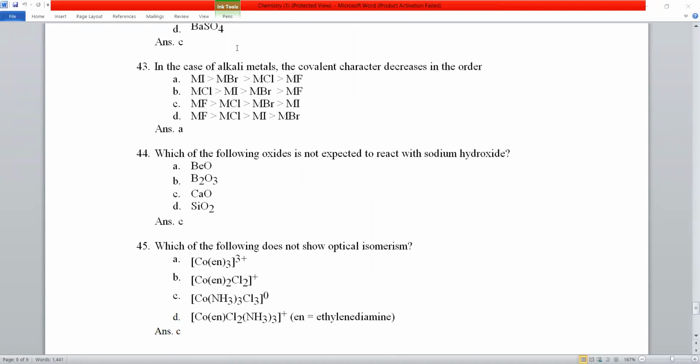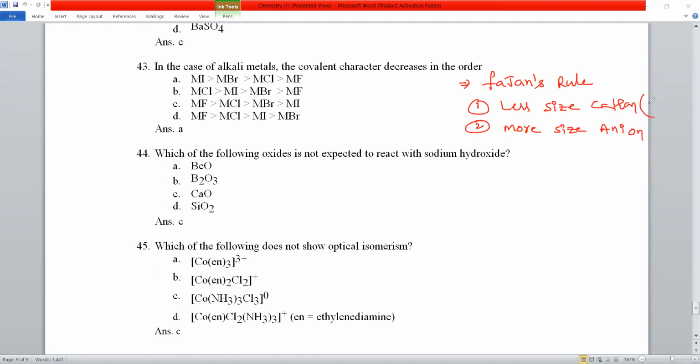Next, question number 43. In case of alkali metals, the covalent character decreasing order. Fajan's rules we have to apply here. To form covalent compounds, we require a less size cation and more size anion, more positive charge of cation and more negative charge of anion.